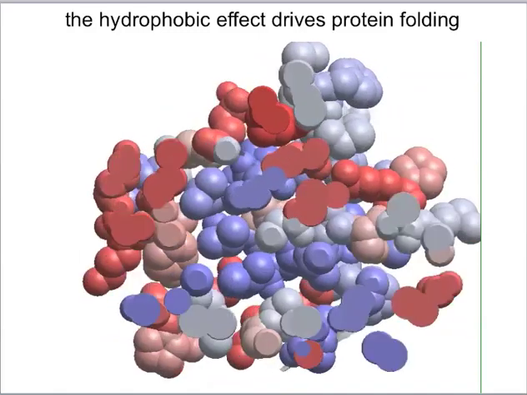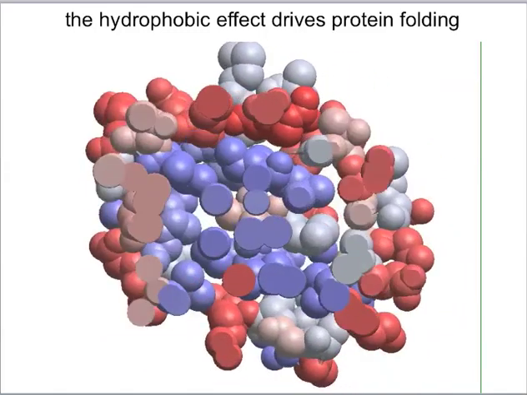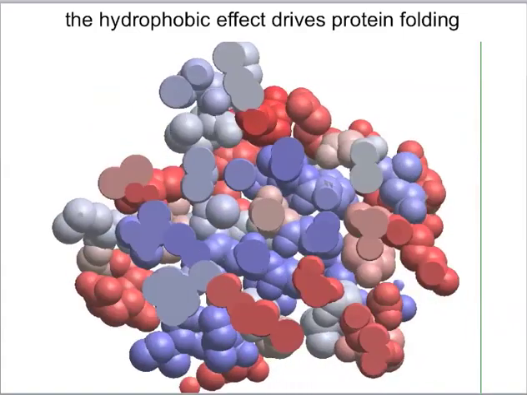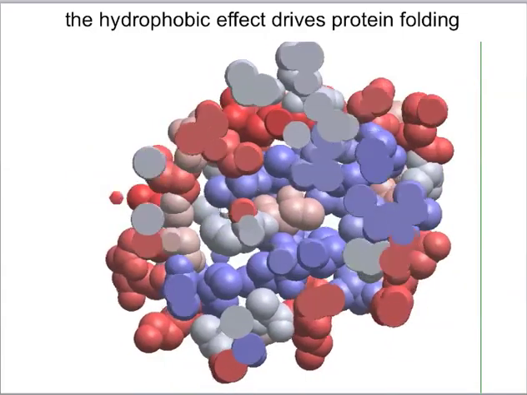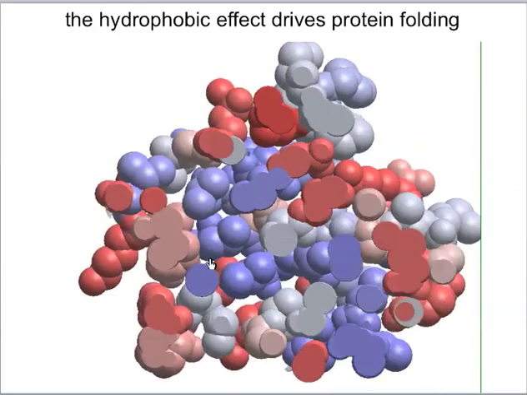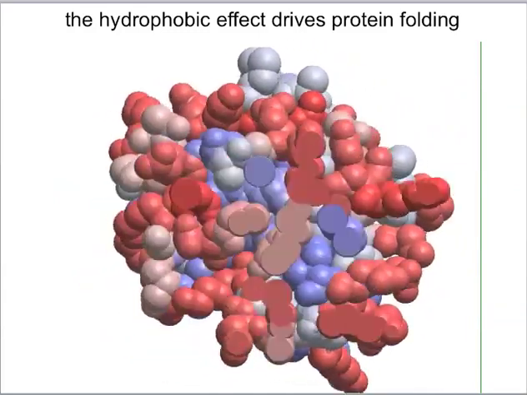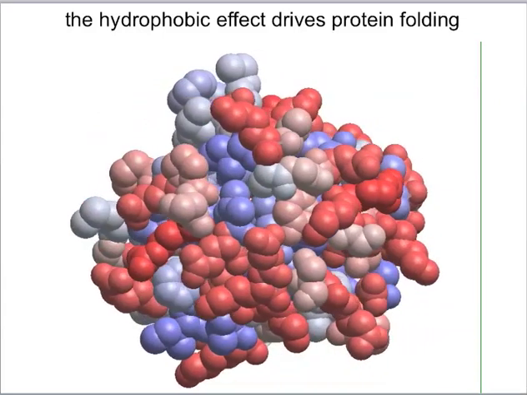But when we slice through the molecule, as I've just done, we see that there's blue nonpolar residues packing into the interior of the protein. Now there might be some violations here and there, but by and large you see, even for a protein that's as small as this one, that the general rule is sequestration of hydrophobic surface area, exposure of hydrophilic surface area. That is the driving force behind protein structure formation.